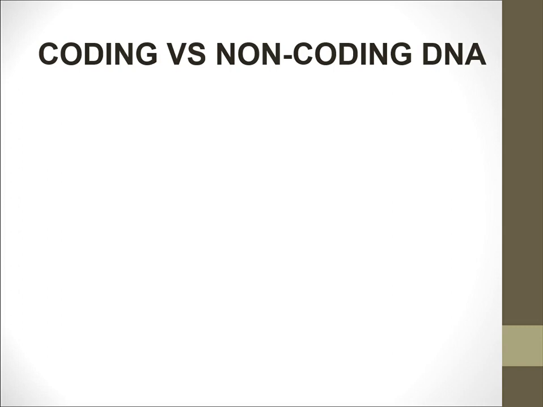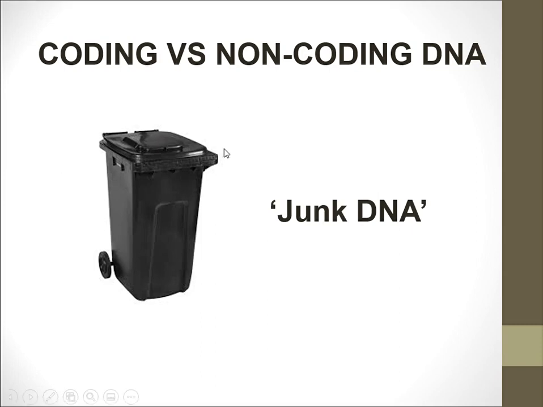It actually turns out that 2% of our DNA codes for proteins. So back in the day, and even into the late 80s, it was figured that a lot of this DNA that was not used for coding for proteins was actually not doing anything in our body. So they just referred to it as junk DNA.